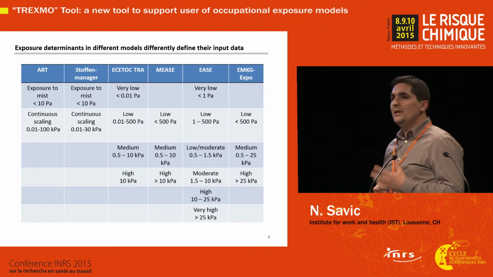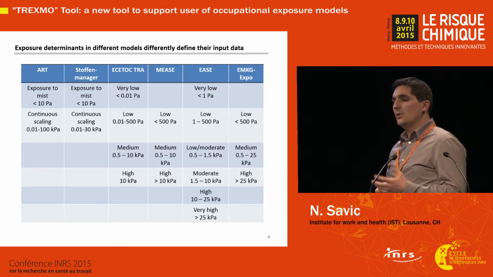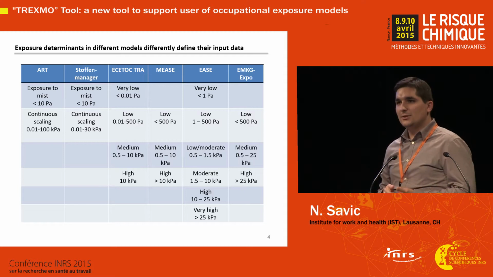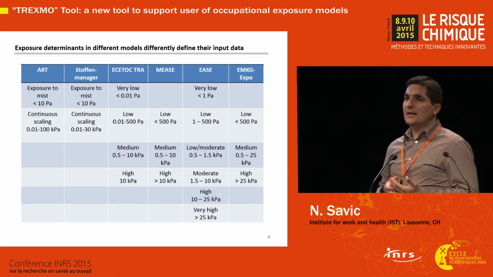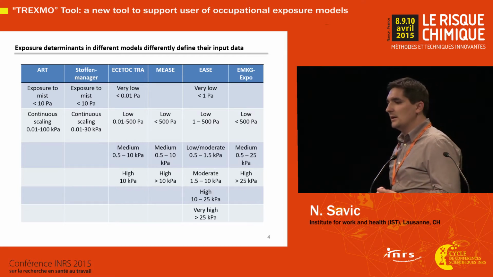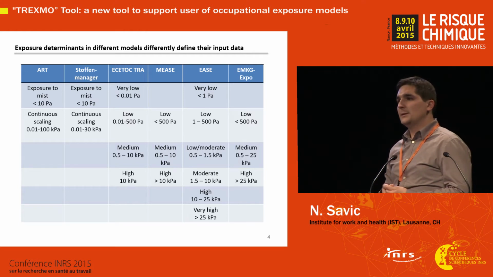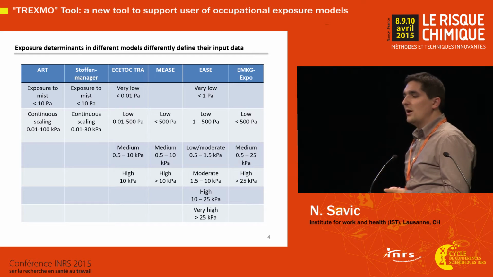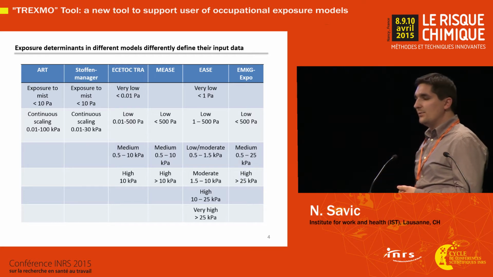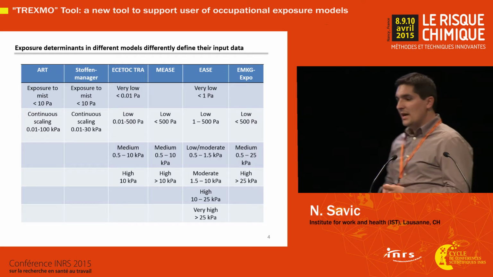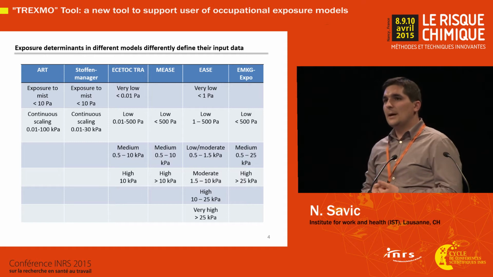The next, deeper difference is that even if we have a determinant with the same name, for example vapor pressure, used to determine fugacity of liquids in these 6 models, we have some differences even at this level.